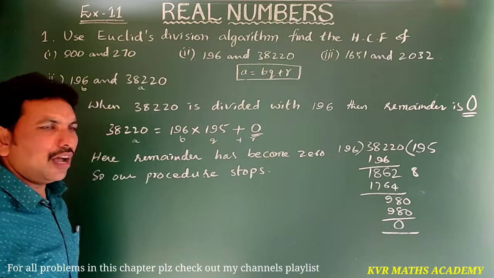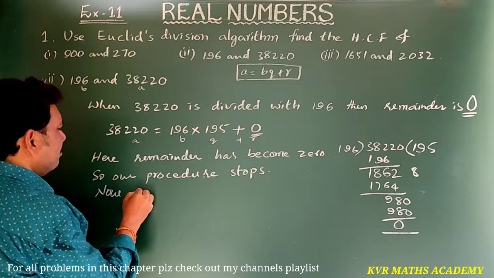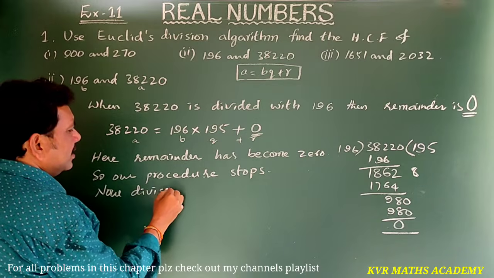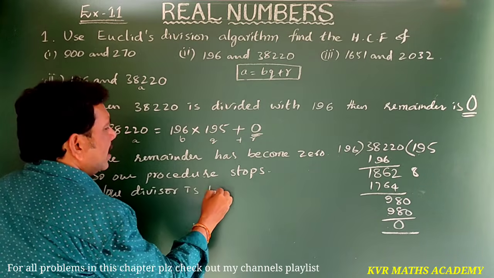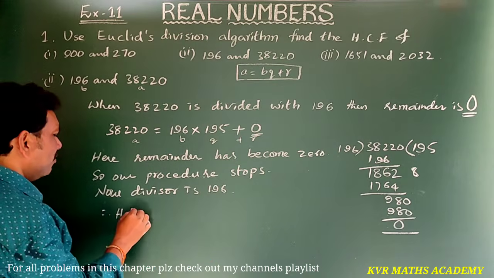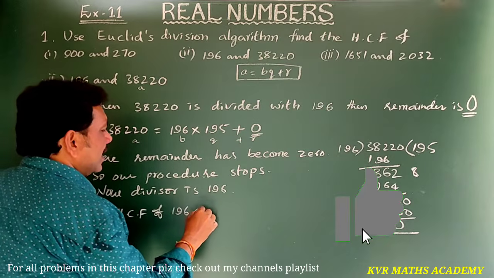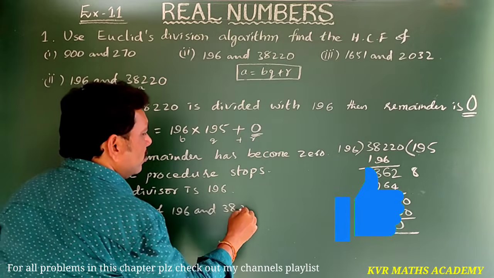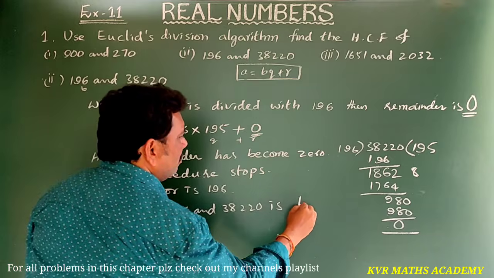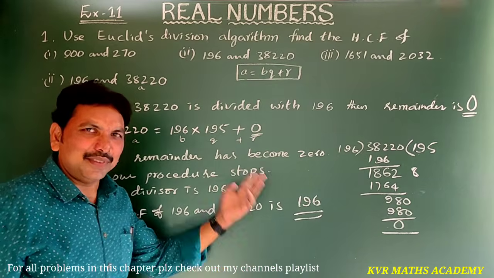Now the divisor is 196 only. Therefore, the HCF of 196 and 38,220 is 196 only. Is it clear? Yes, note it down.